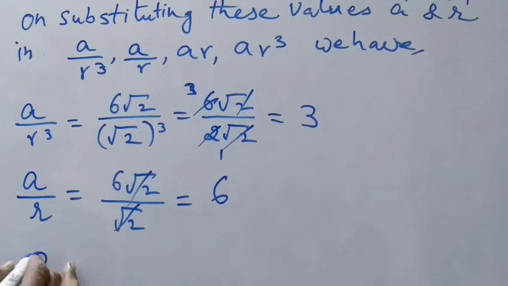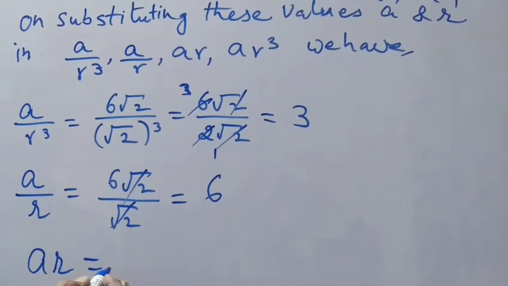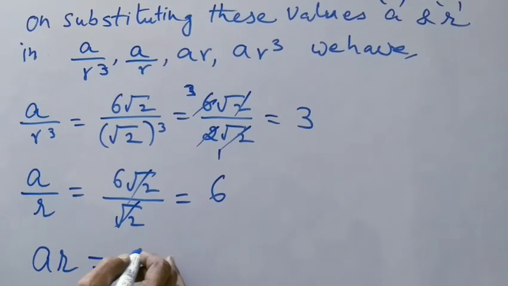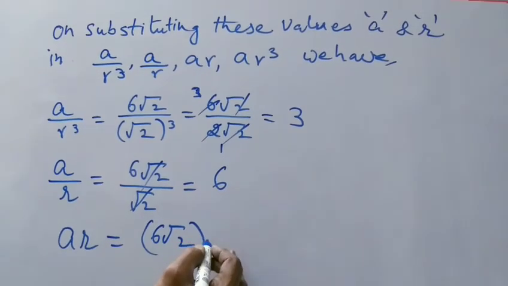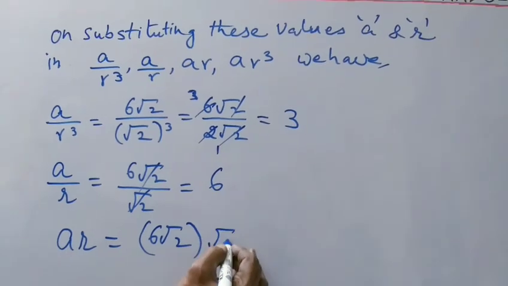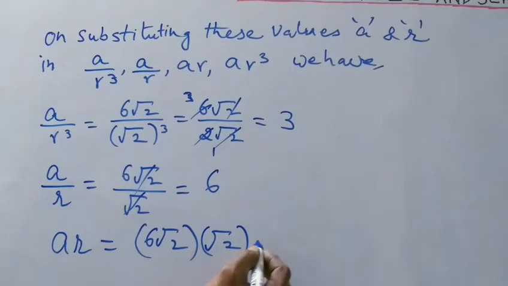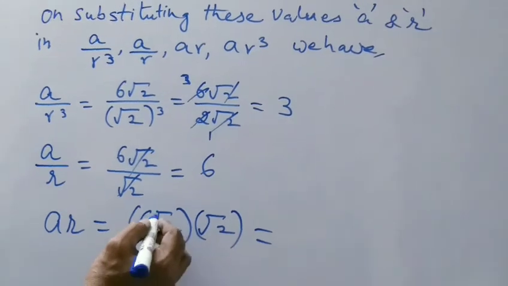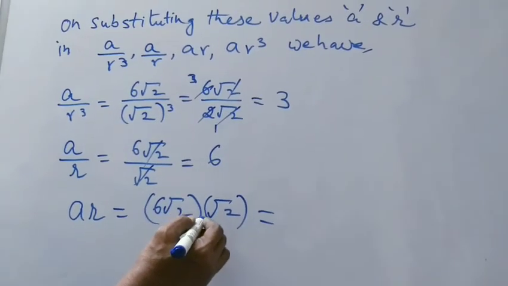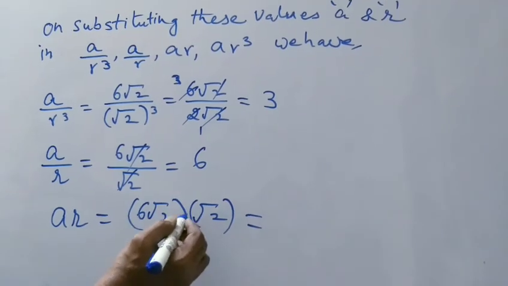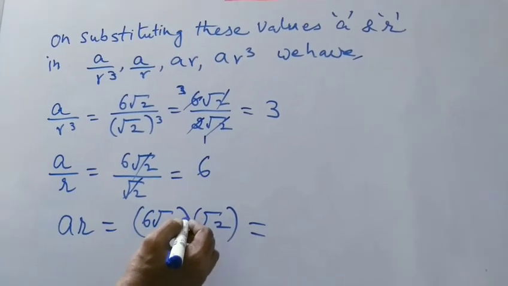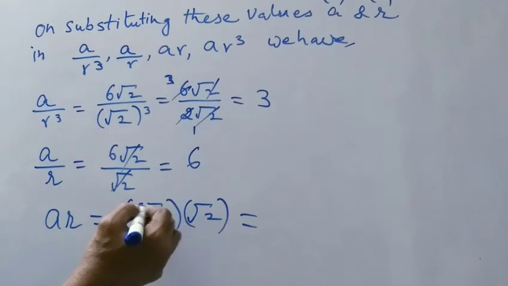And similarly a·r is equal to, a is 6 root 2 into r, which is root 2. So 6 into root 2 into root 2, (root 2)² is equal to 2, 6 into 2, 12.